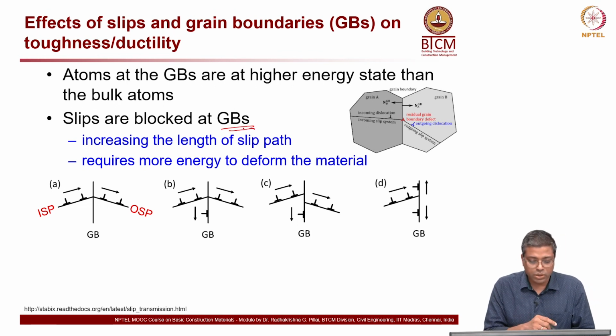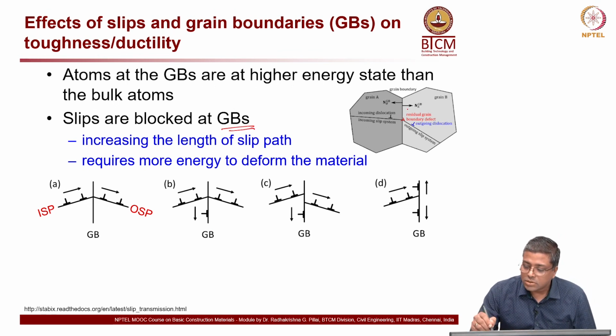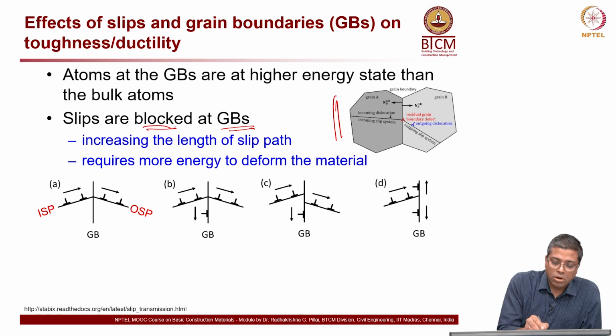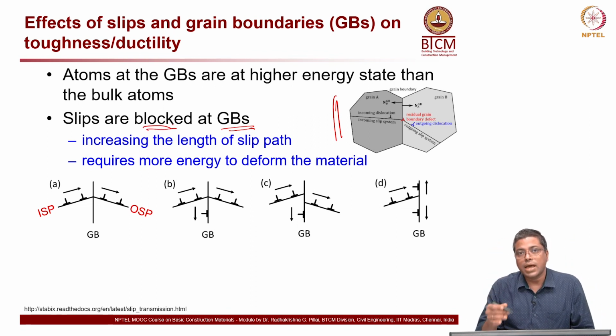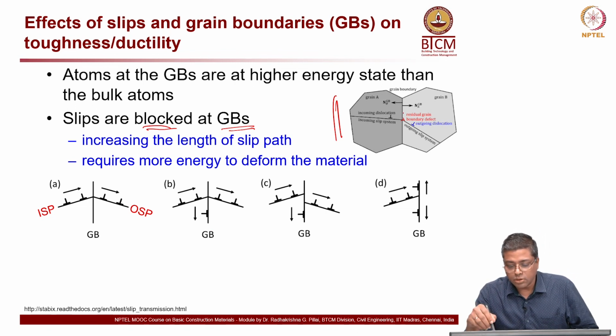We showed that drawing earlier, and the same drawing I have repeated here. So, the slips are blocked because the grain boundary acts as a crack inhibitor, or it stops the crack from progressing.